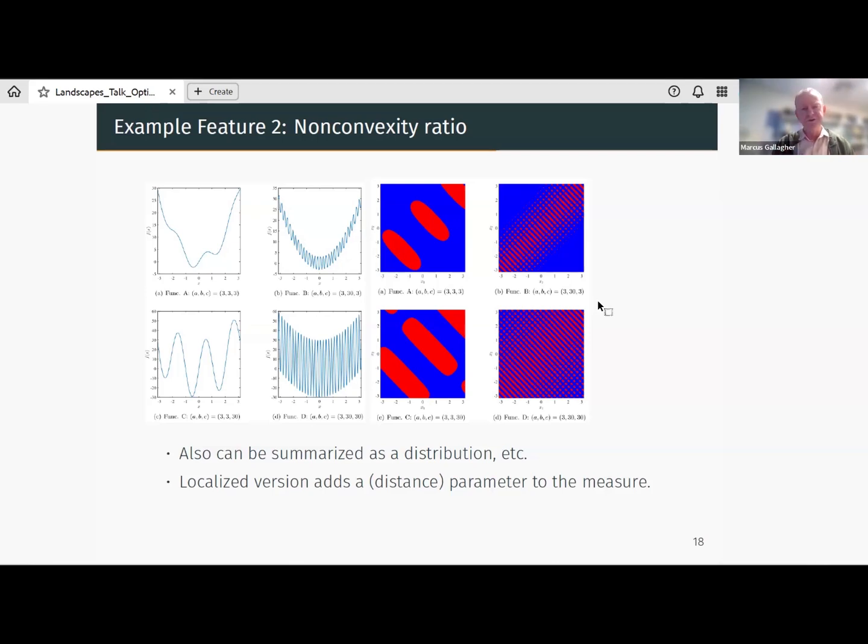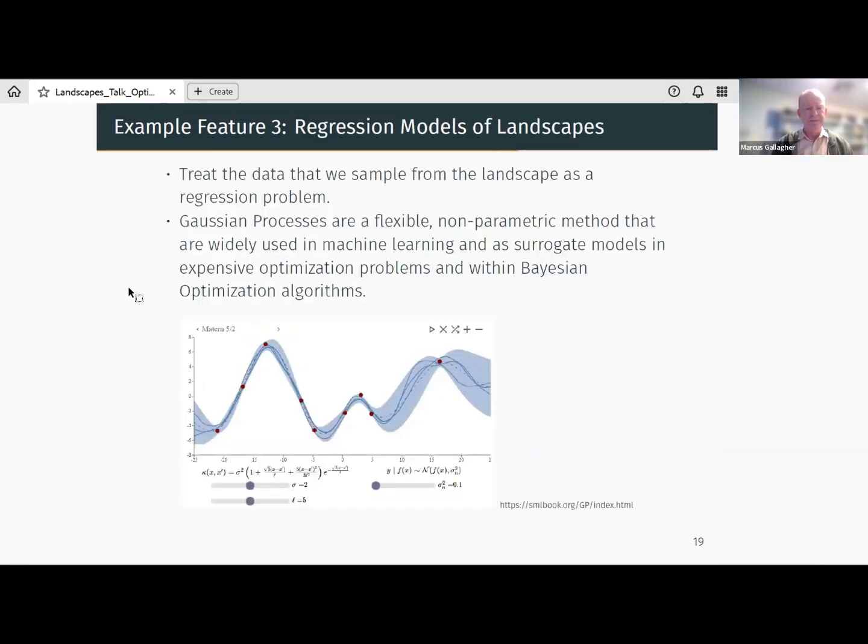We turn it into a ratio, but you can also summarize it as a distribution. We also did a localized version of this, where you might define a distance, sort of like a radius of interest around some local area on the landscape, and apply this idea.